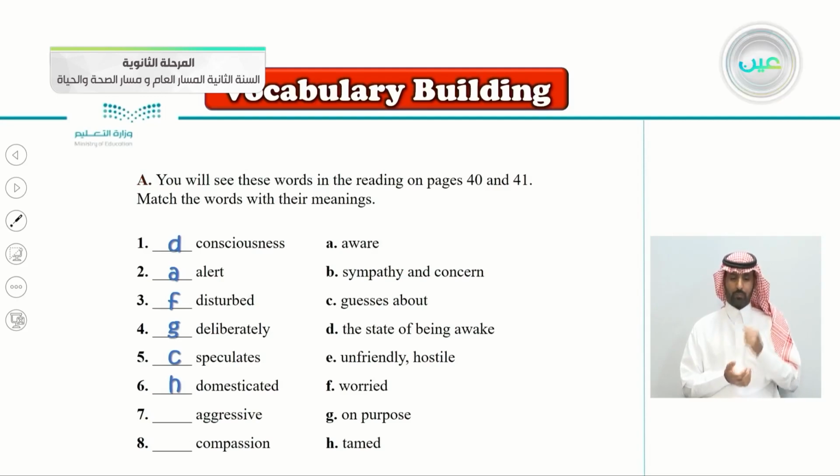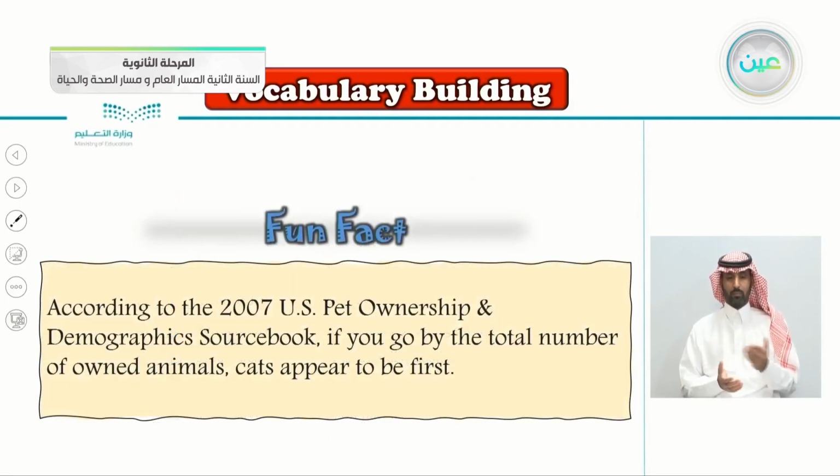Number seven, aggressive. I think you know the meaning of this word. Aggressive goes with the letter E. Unfriendly or hostile. And the last one, number eight, compassion, goes with the letter B. Compassion: sympathy and concern.